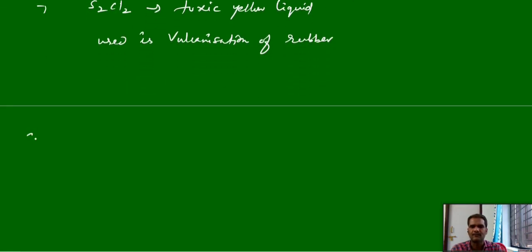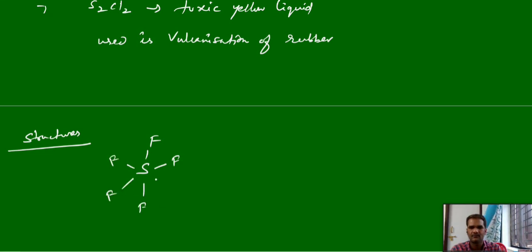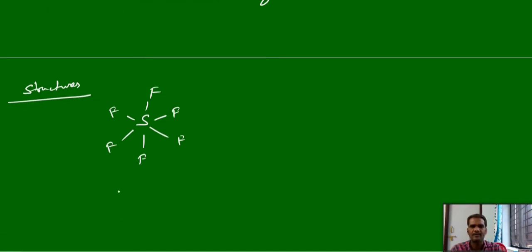Next, structures of all these halides. Sometimes they ask the structures. Let us go with hexahalides. Sulfur hexahalide, like sulfur hexafluoride, is sp3d2 hybridization and octahedral in geometry.